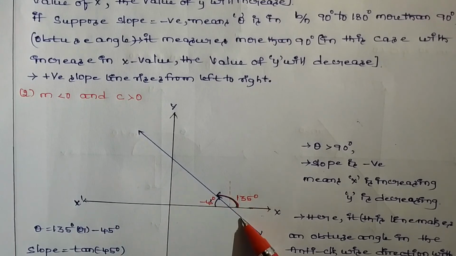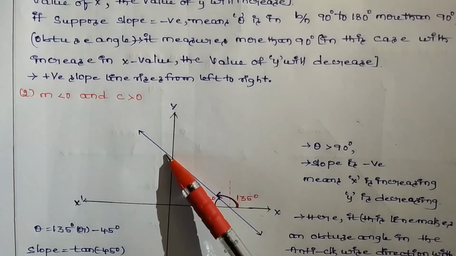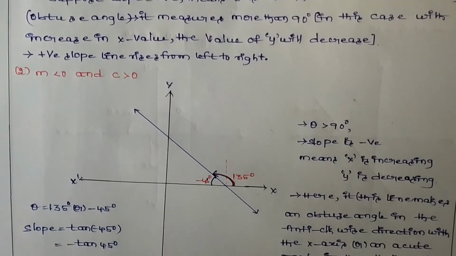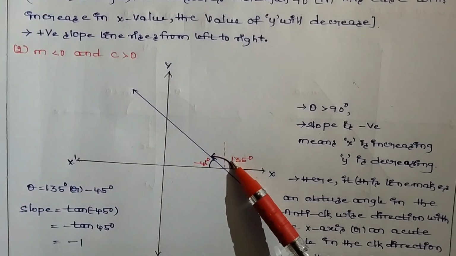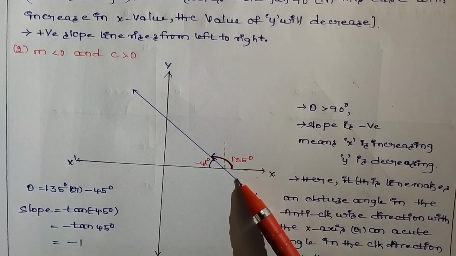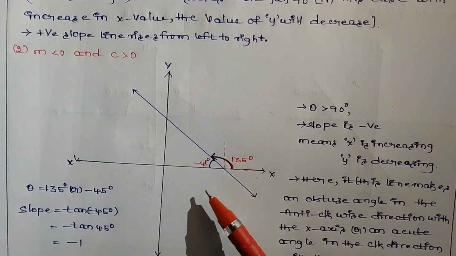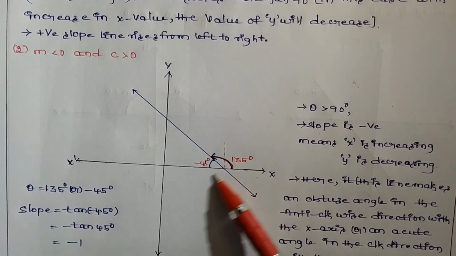Here slope is negative, which means x is increasing but y is decreasing. In this case, it is an obtuse angle in the anti-clockwise direction with the x-axis.